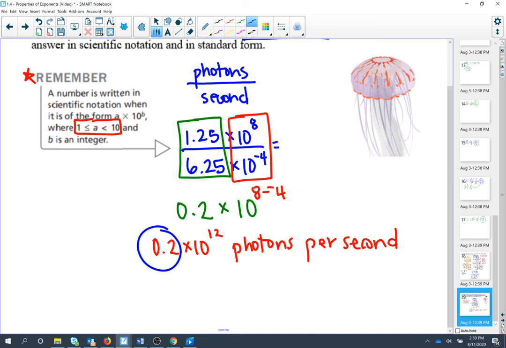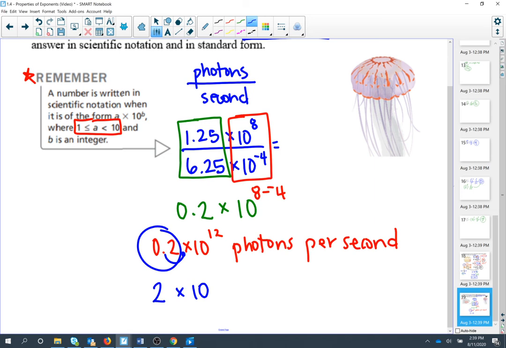So the way we deal with that is we're going to take our decimal and move it over once. So we're going to put it back there, which is going to give us 2. But if we already moved our decimal over once to make it 2, that's going to change this. So it's going to be times 10, and the question is, does this bump up to a 13 or does it bump down to an 11?